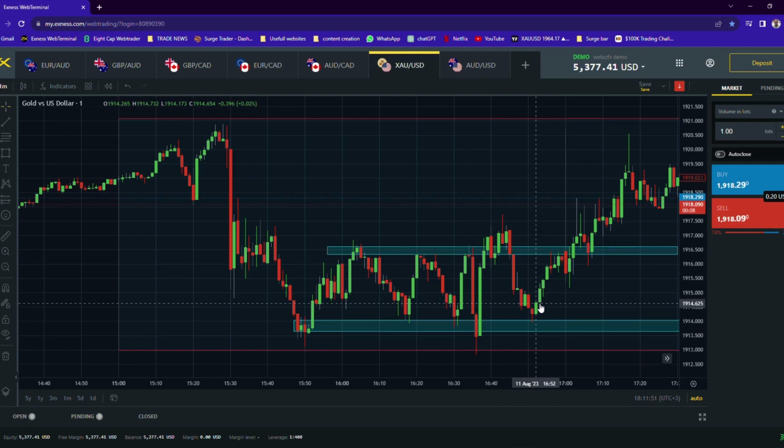Small rejection, entry. 10 pips over 10 to 15 pips of stop loss, and 10 to 20 pips of take profit. Because this range, if you look into gold, this will be something like 25 pips. So it means it will always have an entry that has a risk of 10 and a gain of 10 to 15. That much.